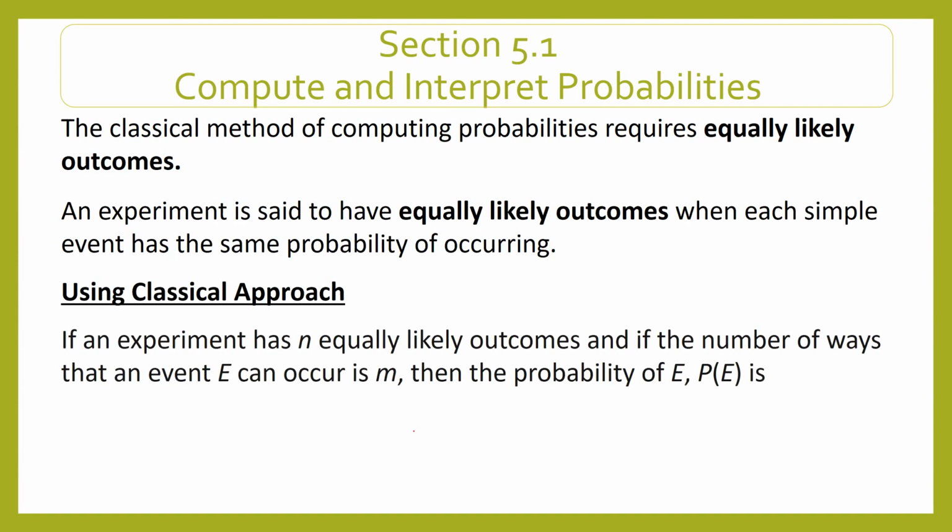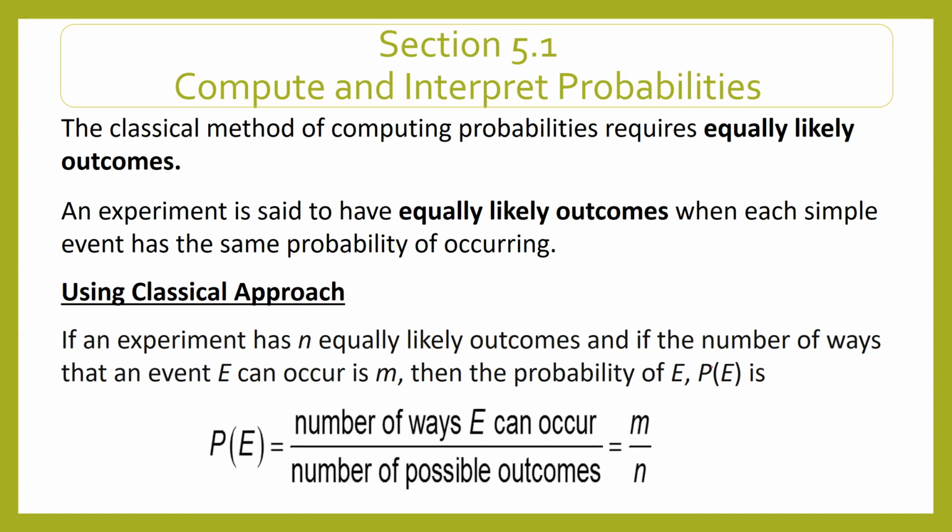So how do we use the classical approach? If an experiment has n equally likely outcomes, and if the number of ways that an event E can occur is m, then the probability of E, which is denoted as P(E), is given as m over n.